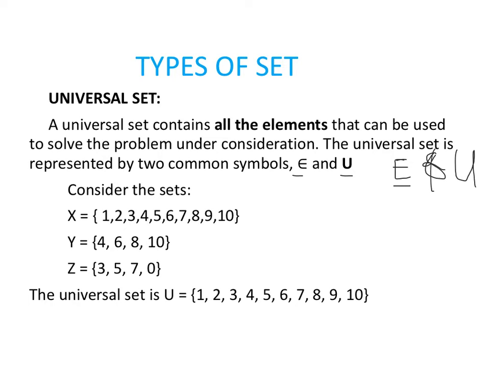The universal set in this case is X because it contains all the elements that can be used to solve this problem that we are considering now. So X contains numbers 1 to 10, and that is the universal set in this case.